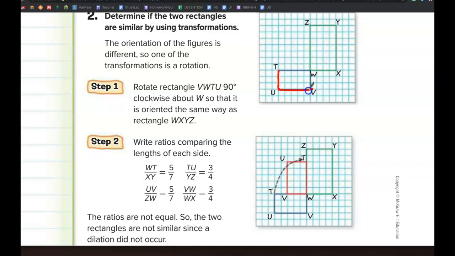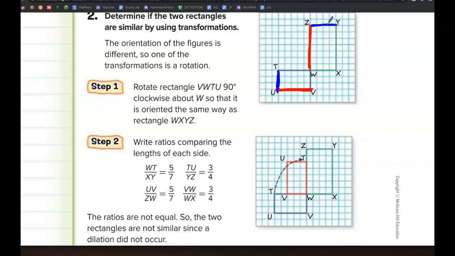What corresponds with U and V? Z and W. Yep, if I rotate this, Z and W. What sides correspond with TU? ZY. So I would use those two sides to compare.